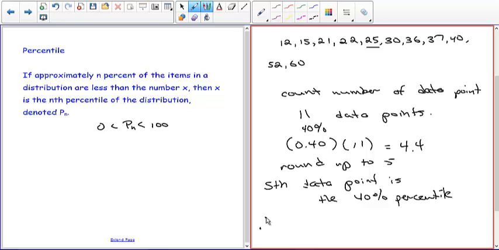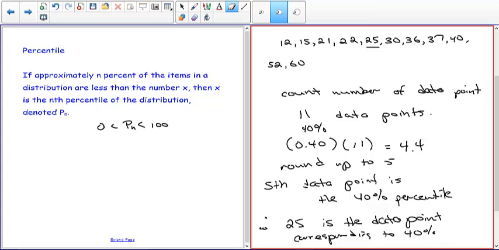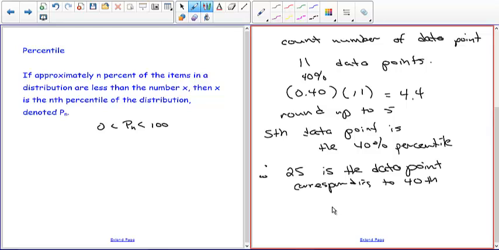So we can say therefore 25 is the data point corresponding to the 40th percentile. So it's pretty mechanical how you do that.